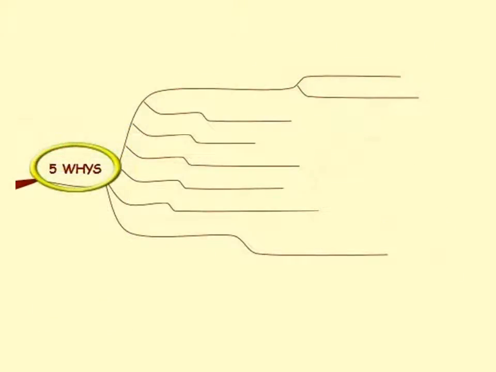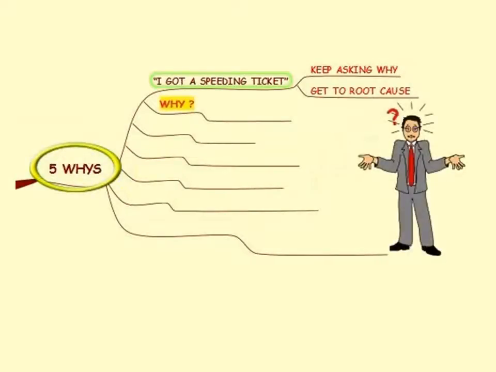So now we can look at the 5 whys method of identifying the root cause of a problem. For example, we may have the issue of I got a speeding ticket. The method is then to keep asking why to get to the root cause. So let's see an example of I got a speeding ticket. Why? Because I was late for work.